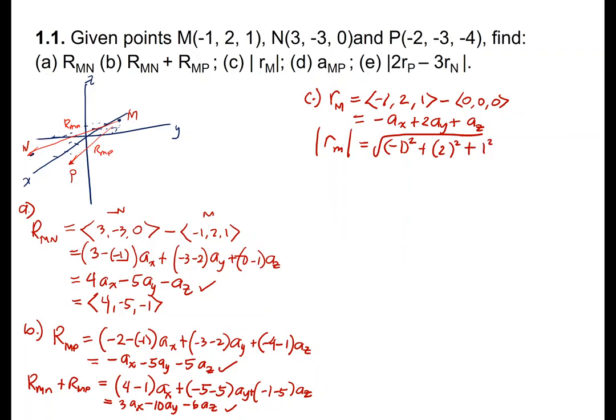So this is 1 plus 4 plus 1, so the square root of 6, which should be equal to 2.45. So that's it.